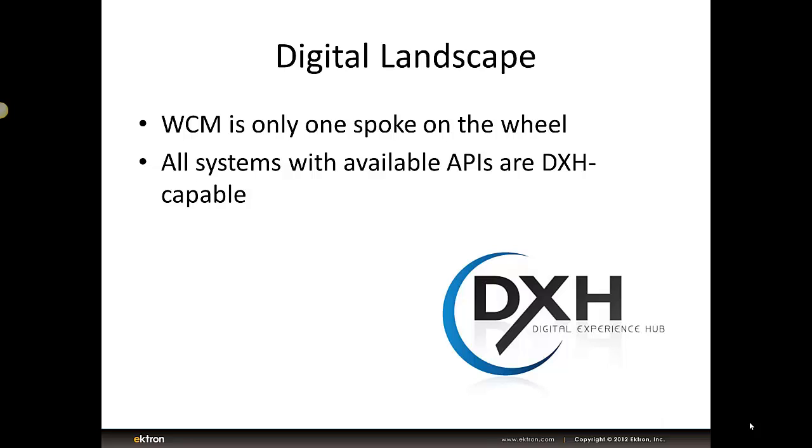So this could be a system that has RESTful APIs. Certainly a system like Salesforce is not built on another Ektron WCM platform or anything similar to it that I'm aware, but has available RESTful APIs that we're able to implement into a connector and allow that connector to communicate between the context bus, which is the center of the wheel, and the other systems on each of those spokes.